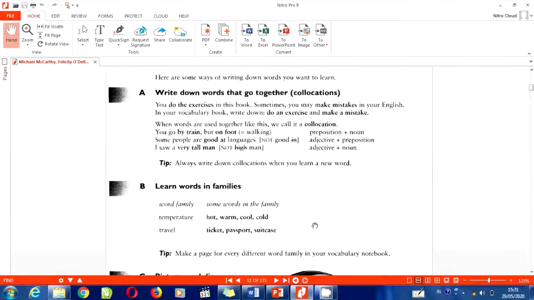Foot is used with on, not by. Also, good at language, not good in language. And also, tall man, not height man. This is a very useful explanation of collocation, so beginner learners can make sentences accurately.